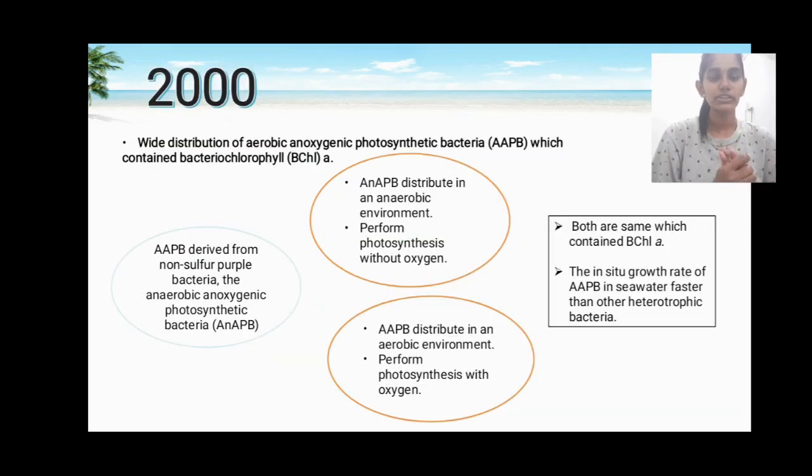Okay, at 2000, a wide distribution of aerobic anoxygenic photosynthetic bacteria, AAPB, which contain bacterial chlorophyll, was found. AAPB derived from the non-sulfur purple bacteria, the anaerobic anoxygenic photosynthetic bacteria, ANAPB. ANAPB and AAPB have some differences.